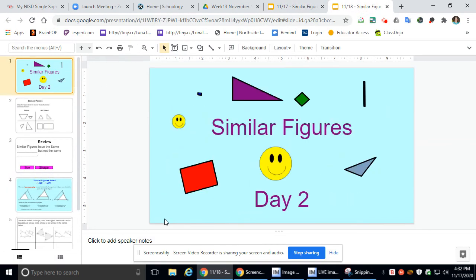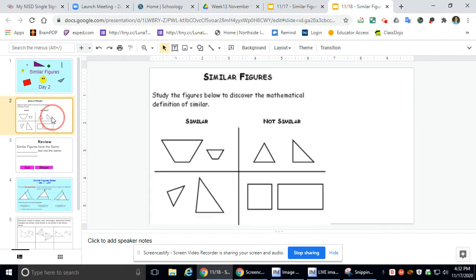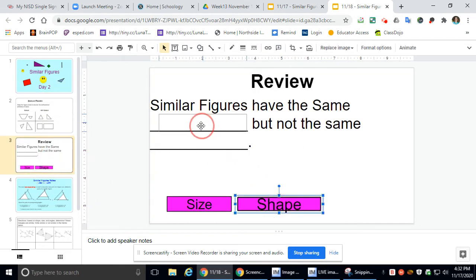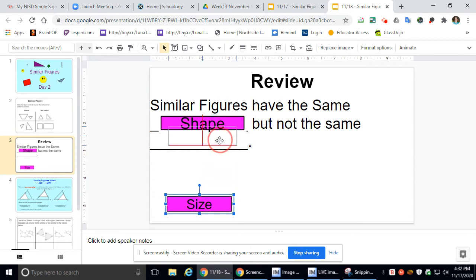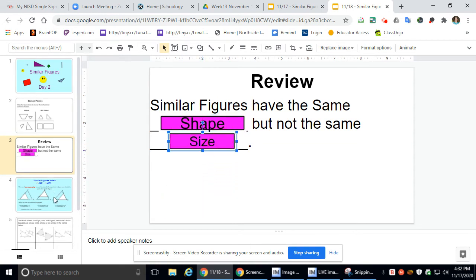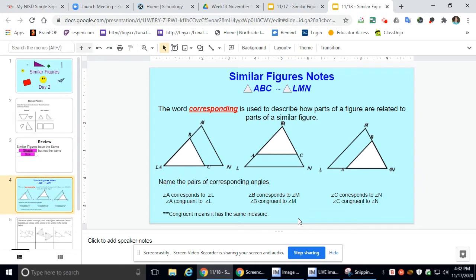So the next part, similar figures, day 2. So we know that they have the same shape, but not necessarily the same size. Okay, let's take a look at what we do know. The word corresponding is used to describe the parts of a figure, how they are related to the parts of a similar figure. So when we look at this, you notice how we have triangle ABC, and angle A and angle L, they are right on top of each other.